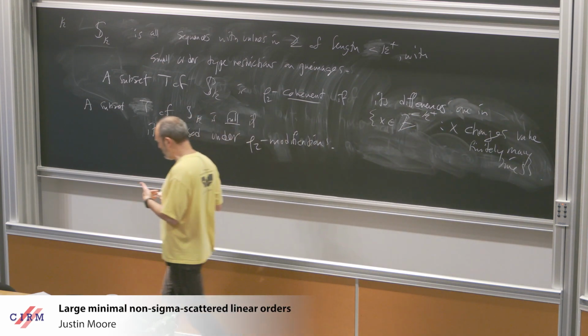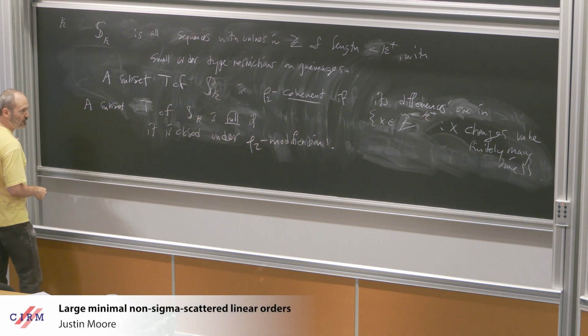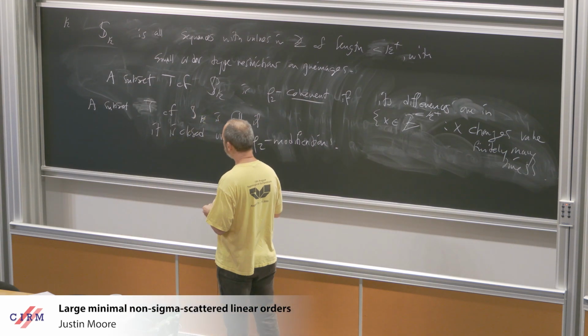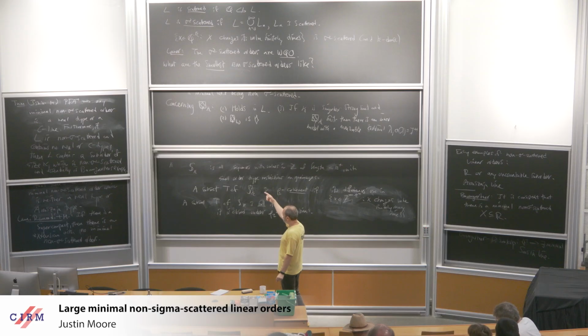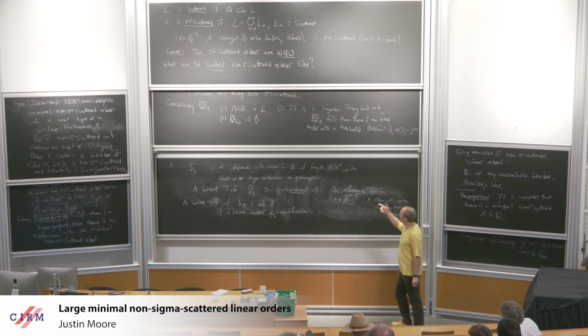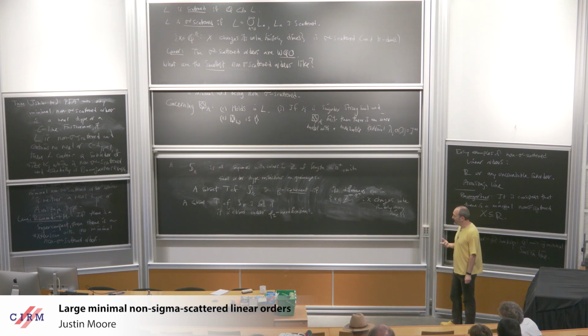So the idea is that if you take a subset of S kappa which is full and coherent and you Lex order it, then you're going to get something which is a kappa plus Countryman line.